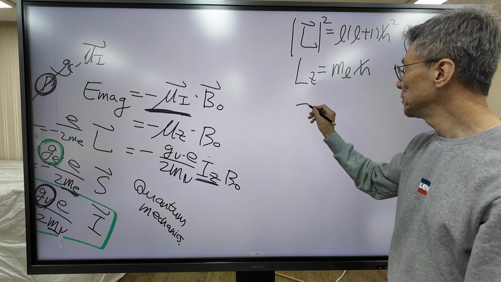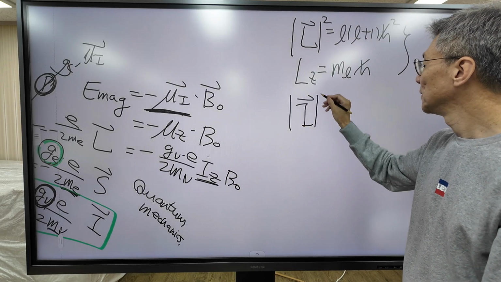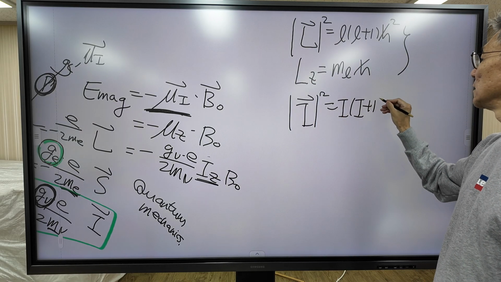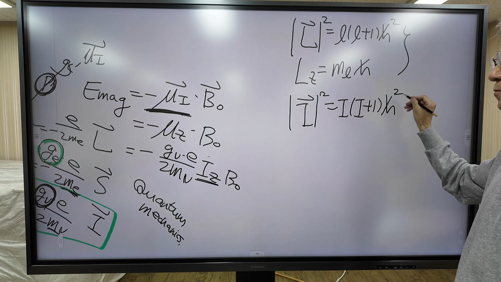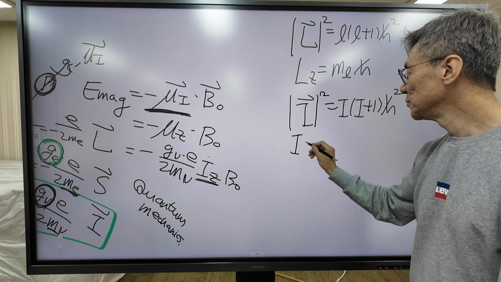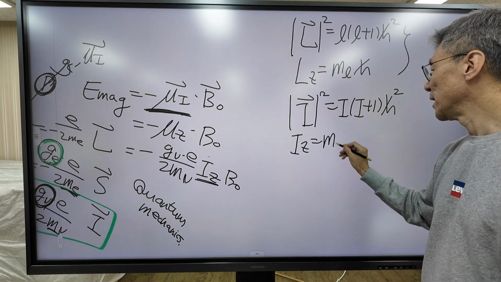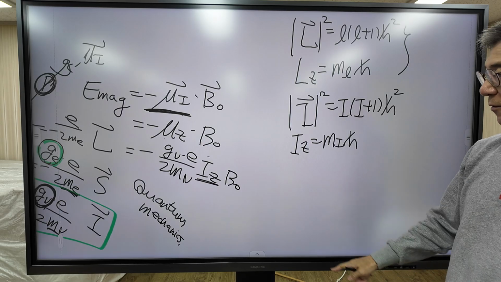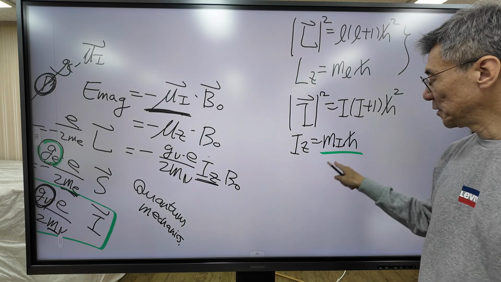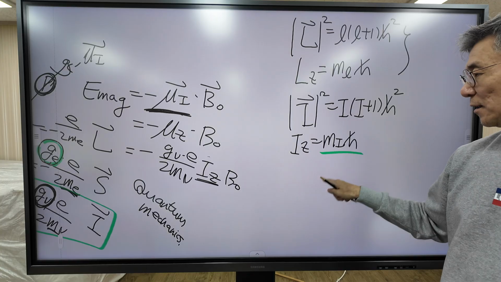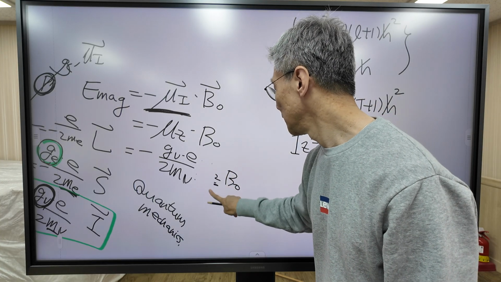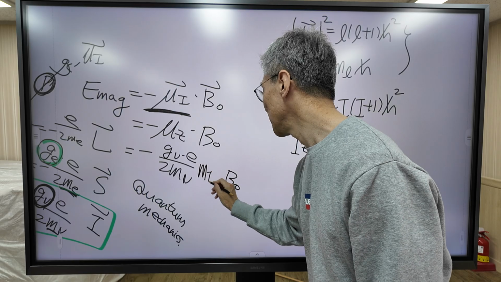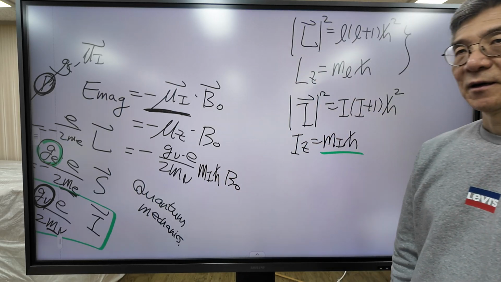Similarly, spin angular momentum amplitude is equal to square root of I(I+1) h bar, and spin angular momentum in the z direction is mI h bar. So we are going to use this formula here. Instead of Iz, we are going to use mI h bar.